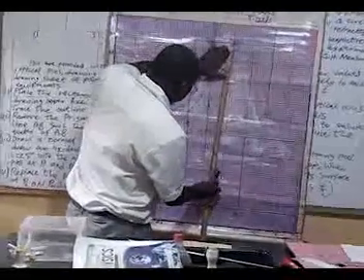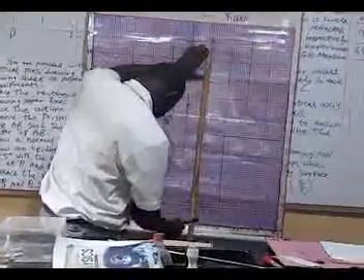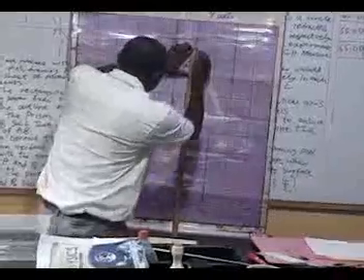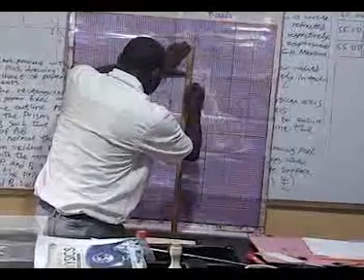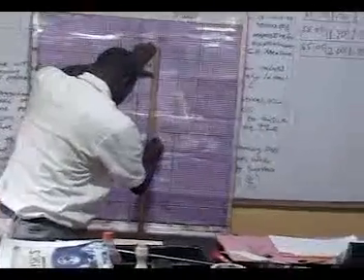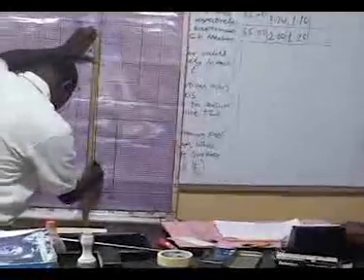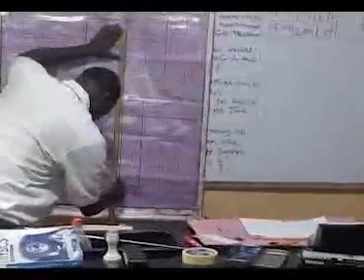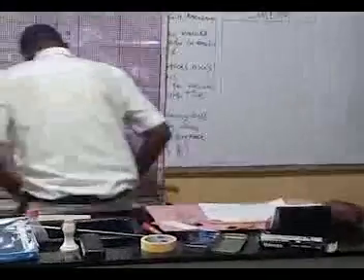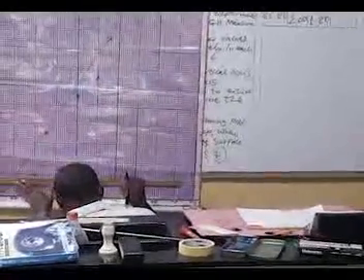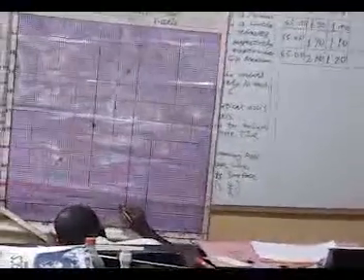We can use this point and this. This right angle triangle is big enough to get a good mark. You indicate it here, right angle triangle.